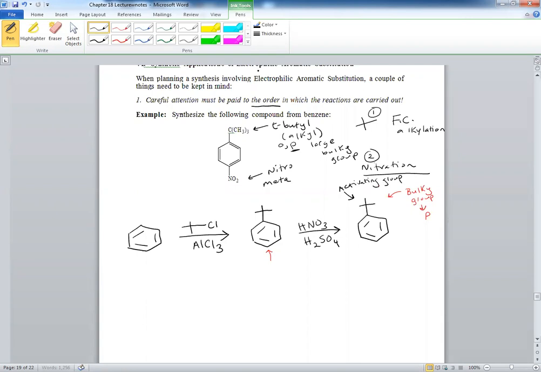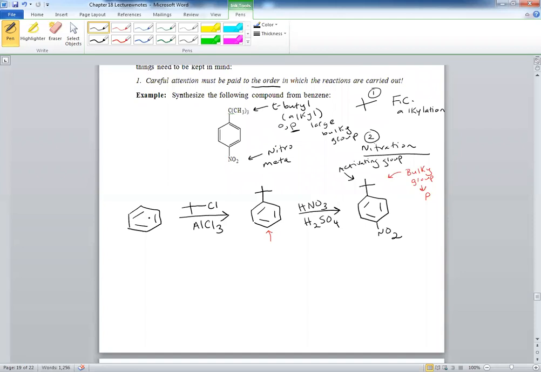So it's going to make the reaction go faster. And then we can add NO2 right there, and we would be done. So that's the idea here. So this is how you would do it. This is the ideal way, the correct way.